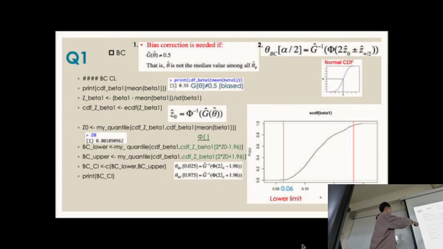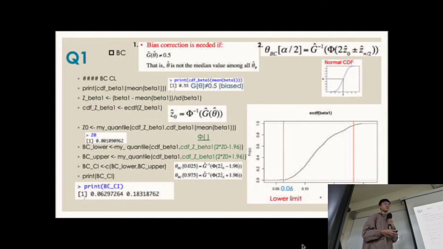After we got the Z0, we can put it into this formula to get the theta. And again, this is from this formula. So we can see that we get the lower limit and upper limit of the bias correction.